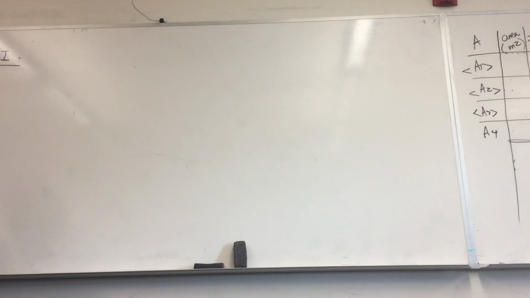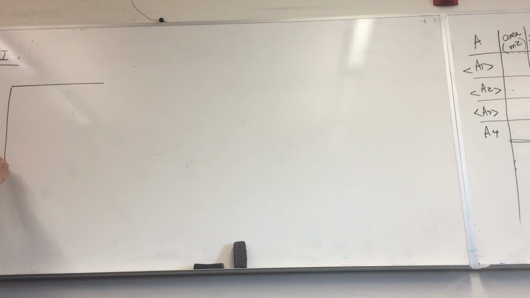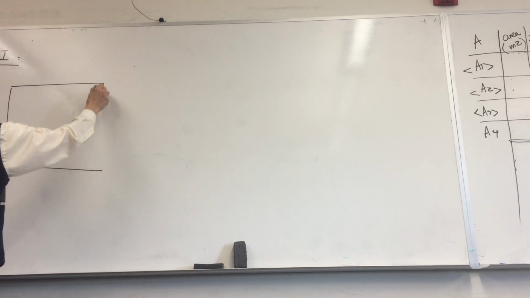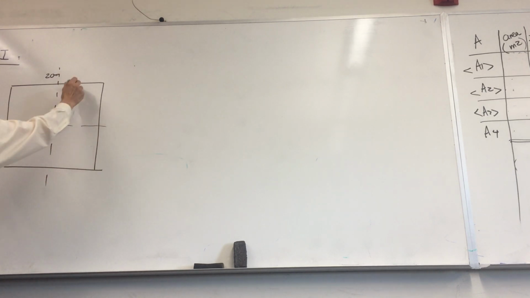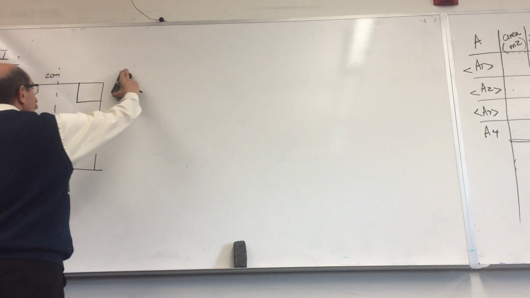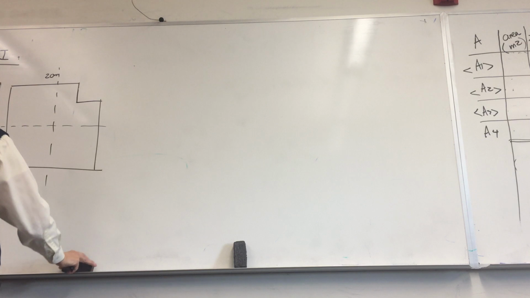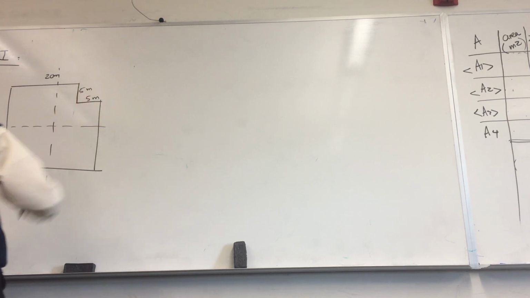Let's say you have a shape like this. 20 meters here, 20 meters here. You cut out a piece from this, 5 meter by 5 meter.